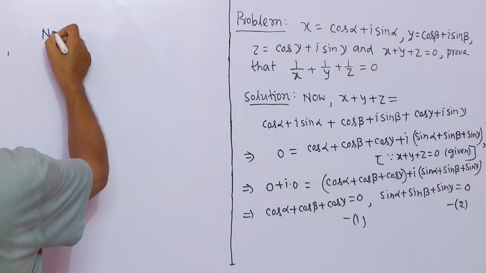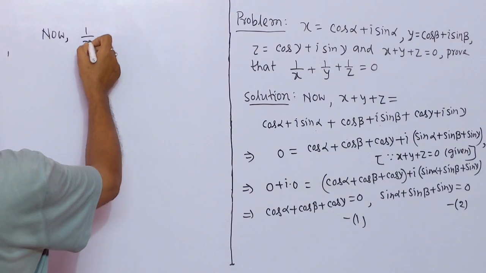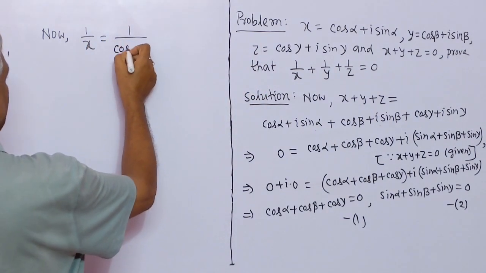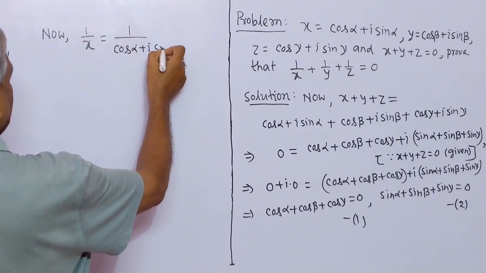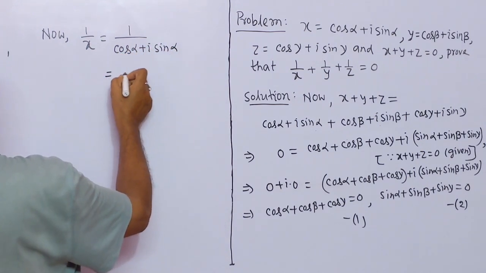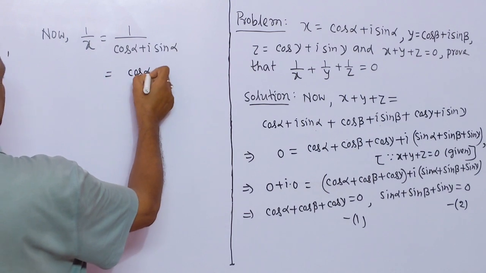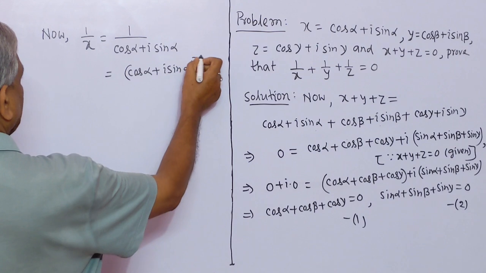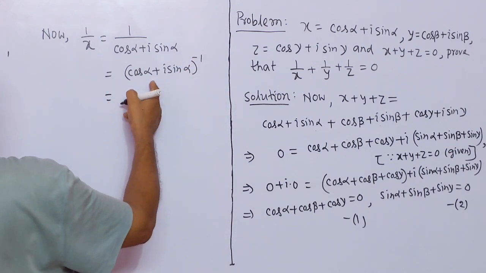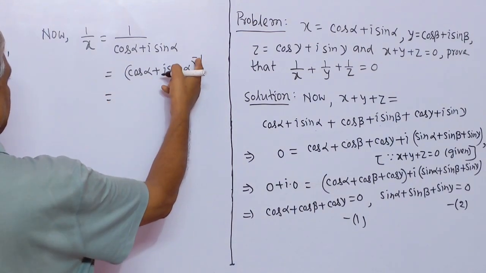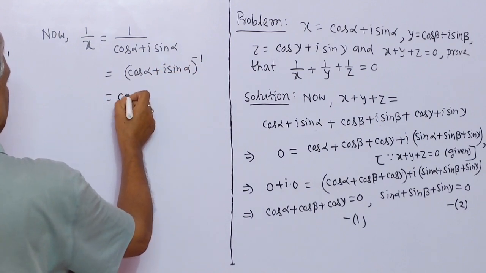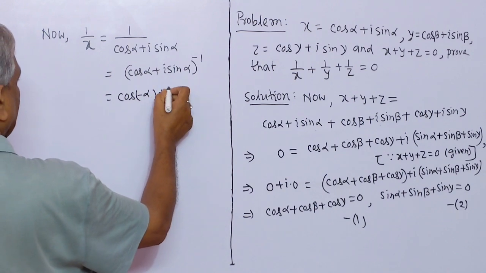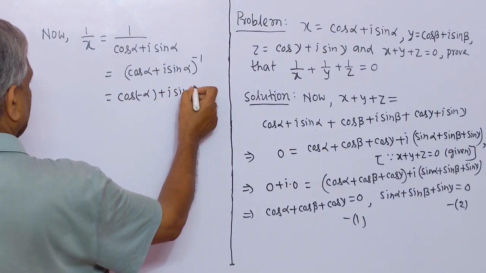Now 1 by x, x is cos alpha plus i sin alpha, so this is cos alpha plus i sin alpha whole to the power minus 1. By using de Moivre's theorem, here negative power, so we get cos minus alpha plus i sin minus alpha.